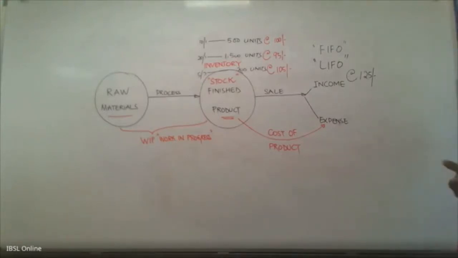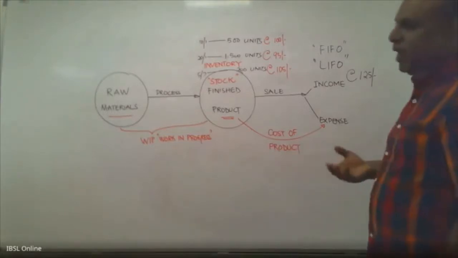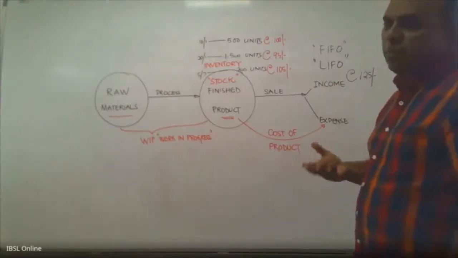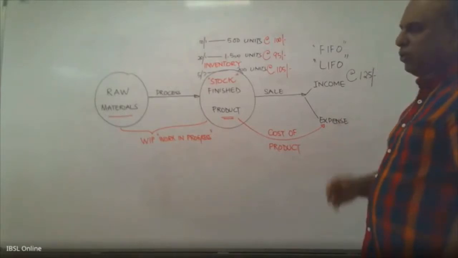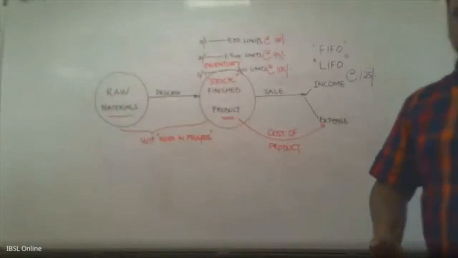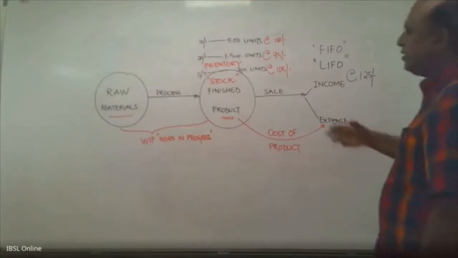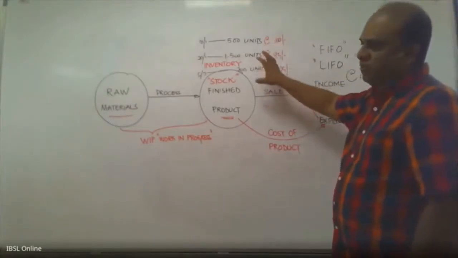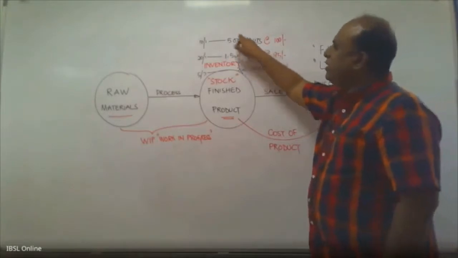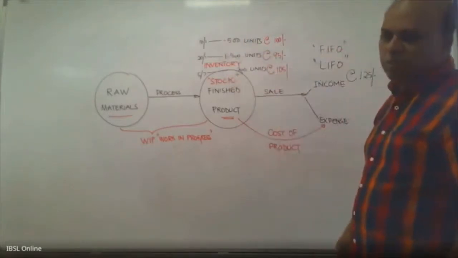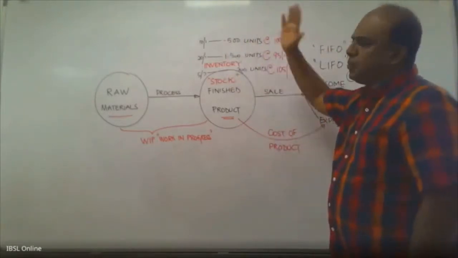But there are companies that use the LIFO method also, because look at a business like mobile phones. Every day there is a new model coming, there is a new feature coming. So it is very difficult for them to manage these stocks. You cannot be waiting for this to be sold. People might not even like this product.